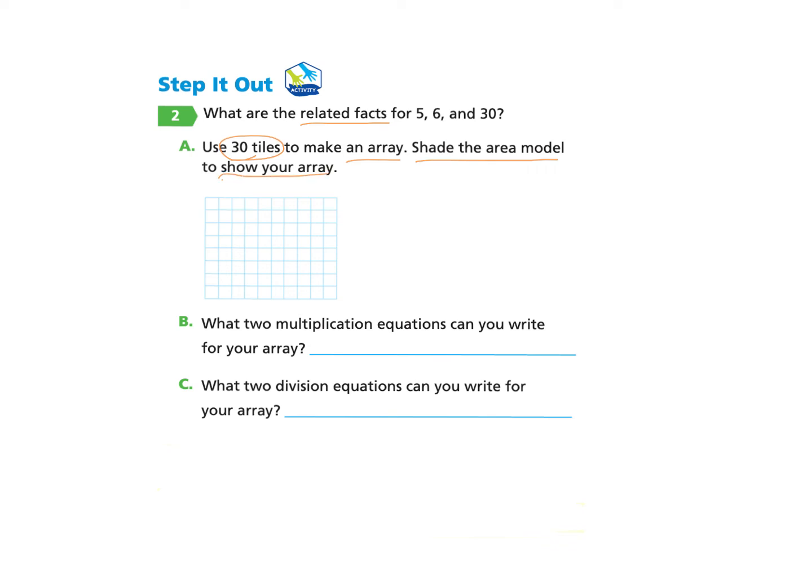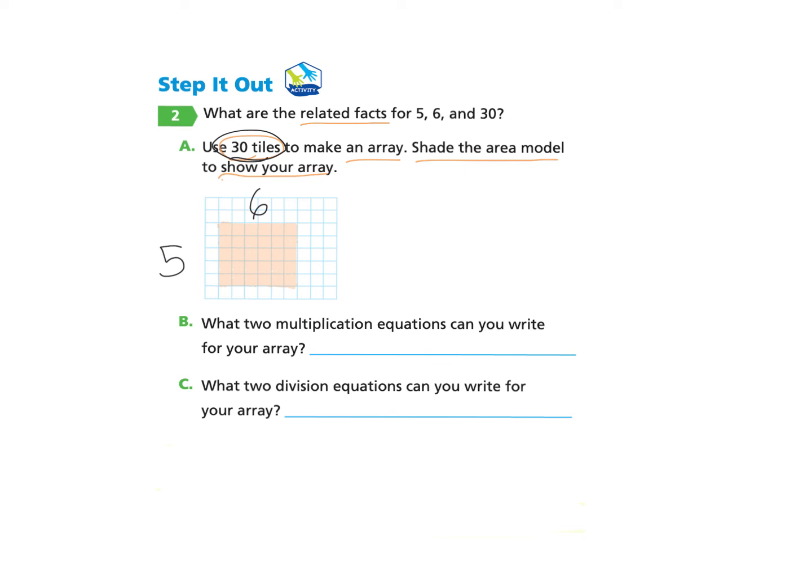So if you'd like to pause and do that now, you can come back or feel free to follow along with me. I'm going to make an array that has 5 rows, and then I will fill in 6 squares for each row. So my array would be 5 by 6, and we know that there are a total of 30 tiles when we make that array.